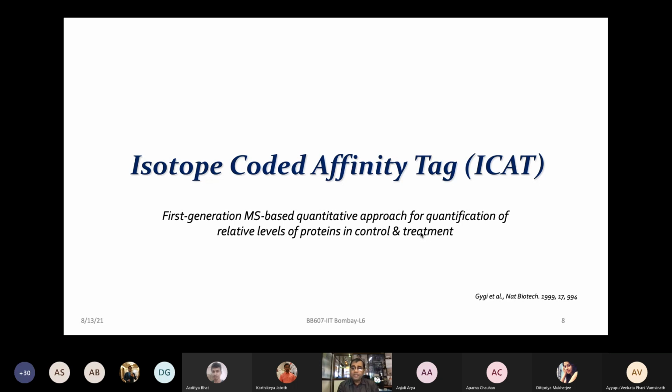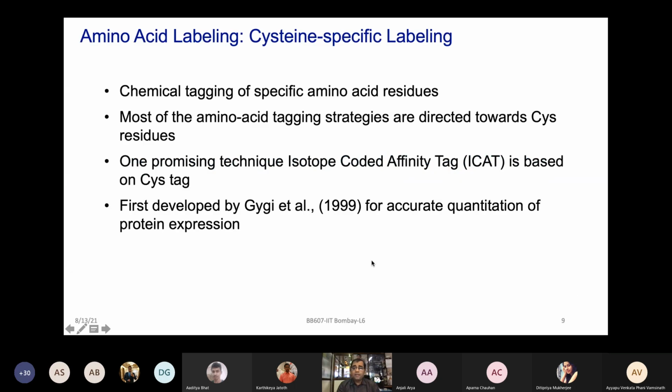But this was the first time when Steve Gygi and Ruedi Aebersold and their team showed that you can label the peptides using different strategies, and then run them in the mass spec directly without separating them on the gel, and you can still do the quantification. That became a very important study, and I will give you this paper.